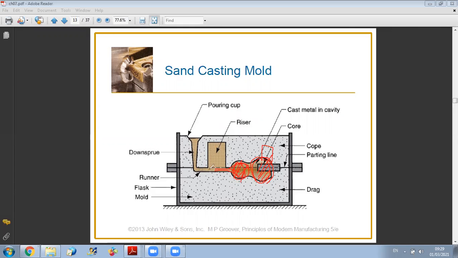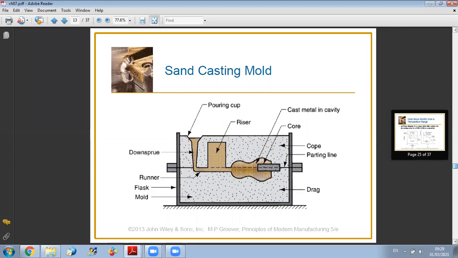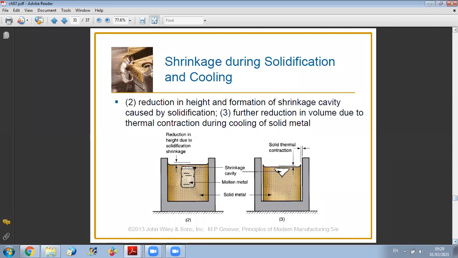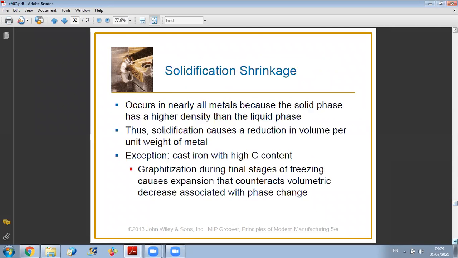So the riser design is very important, and this process is called directional solidification, because we try to ensure that all regions can be accessed in order to not have formation of shrinkage cavities.